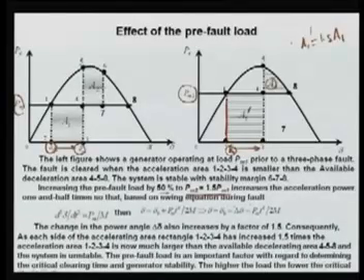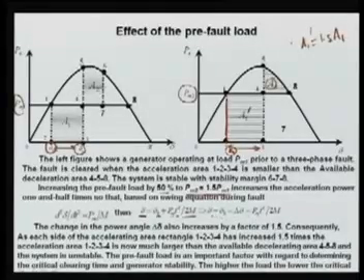Based on the swing curve equation during the fault, integrating d squared delta upon dt squared equals Pm upon M, we can write delta as delta naught plus Pm t squared upon 2M, where M is written in terms of angular momentum.